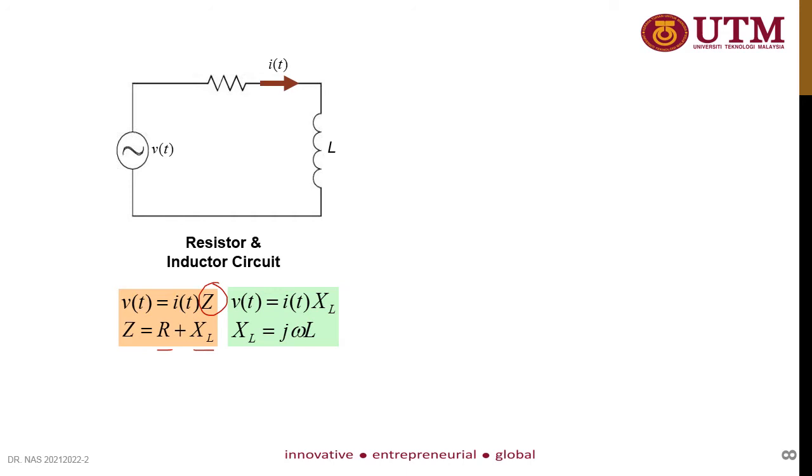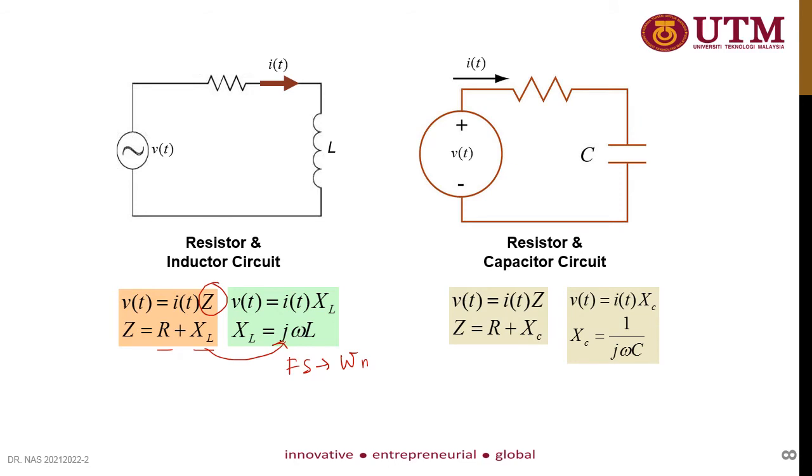Again, XL is equal to j omega n L. In Fourier series, you really need to consider the omega n, the number of harmonics involved in the equation. The same goes when you have a combination of resistor and capacitor. The total impedance is equal to R plus XC, and XC is given by 1 over j omega n C.